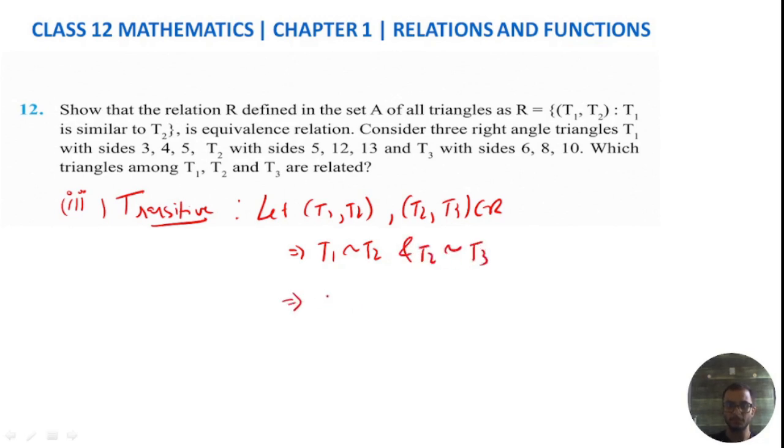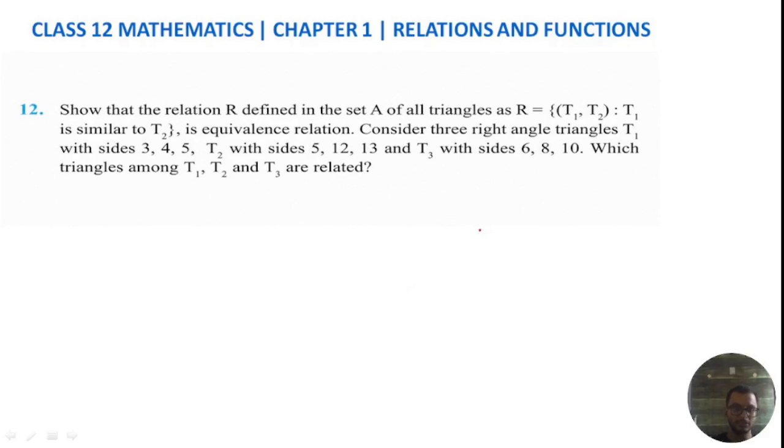By the property of similarity, T1 is similar to T3, as T1 is similar to T2 and T2 is similar to T3, and similarity has the transitive property. So this gives T1 is similar to T3, which implies our R is transitive. So we are done, right? We have shown that it is an equivalence relation.